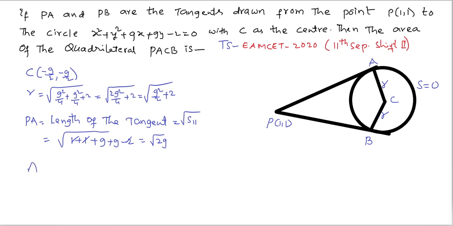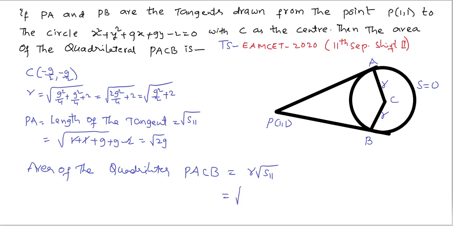Therefore, area of the quadrilateral PACB is equal to R into root S1.